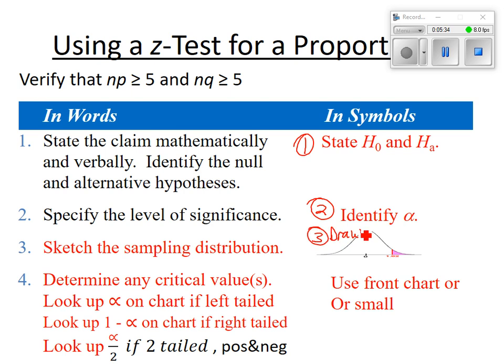Same as we've been doing. Number 4, you're using your Z chart, which is the front 2 pages, or probably the small chart at the bottom right, the one that says left-tailed, right-tailed, and two-tailed.